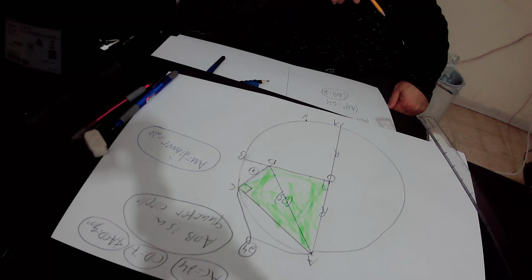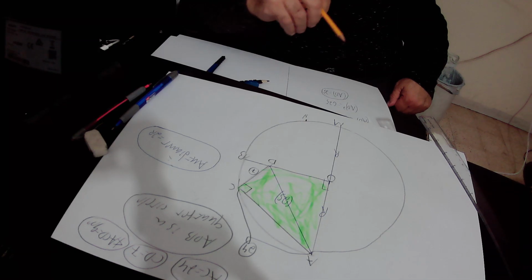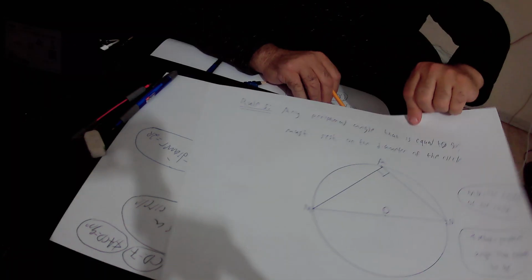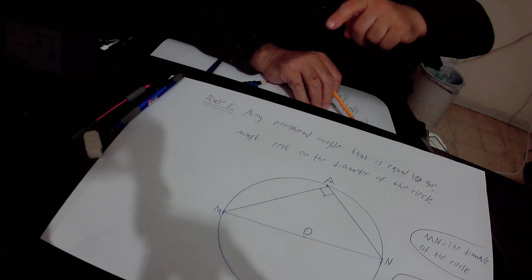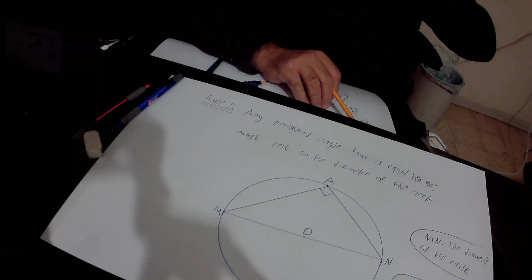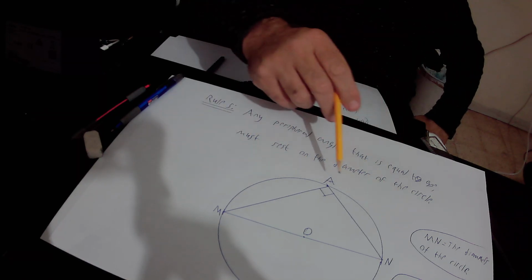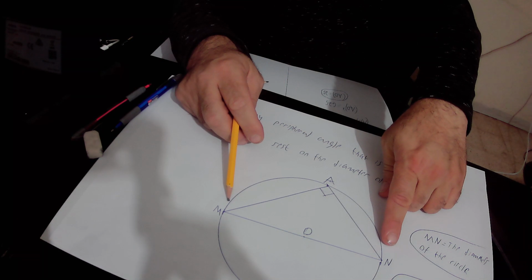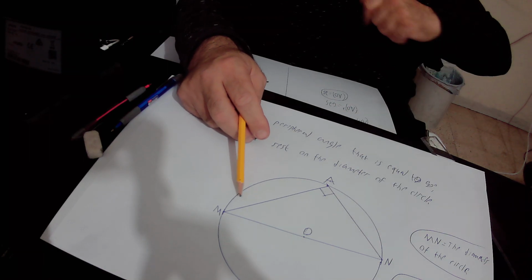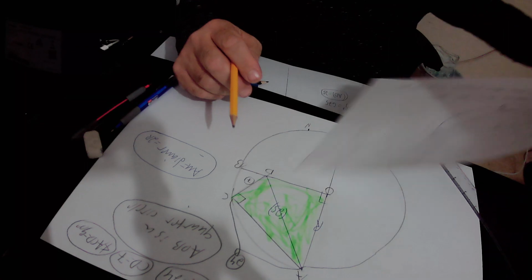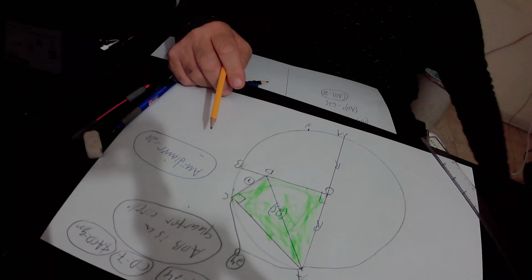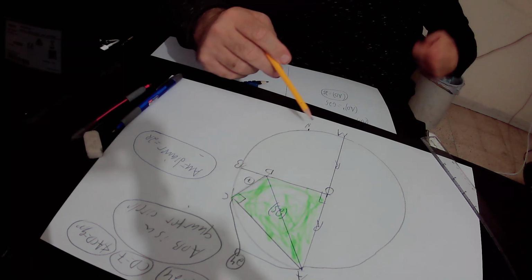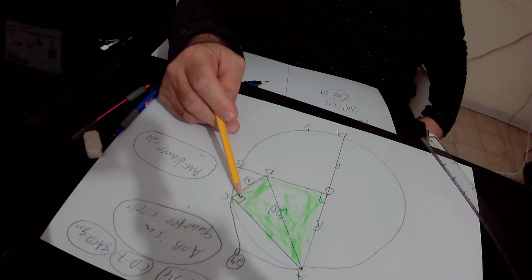But it will contradict rule number 5. According to rule number 5, any peripheral angle that is equal to 90 degrees must rest on the diameter of the circle. Here we have peripheral angle MAN that is equal to 90 degrees, and this peripheral angle MAN rests on chord MN that is the diameter of this circle. And here peripheral angle ACN is a peripheral angle that is equal to 90 degrees.